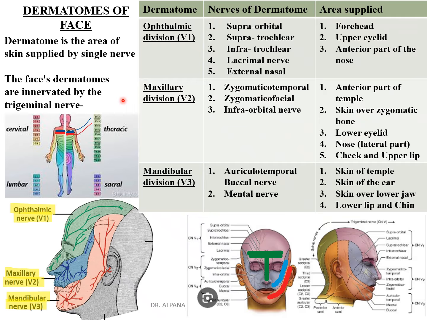So, the dermatomes of the face are innervated by trigeminal nerve through its three subdivisions: ophthalmic, maxillary, and mandibular nerves.